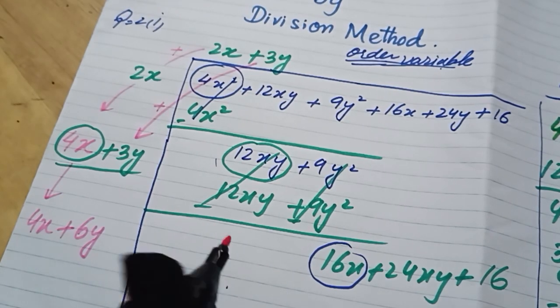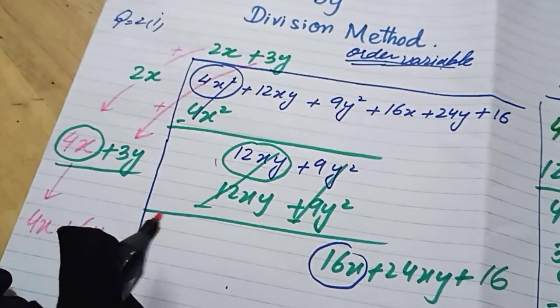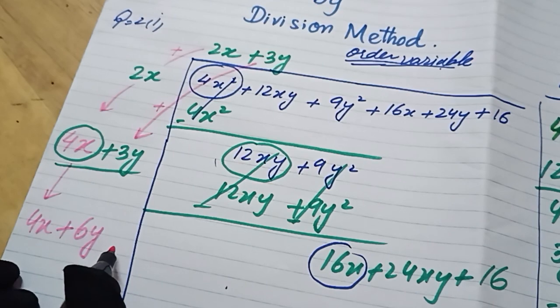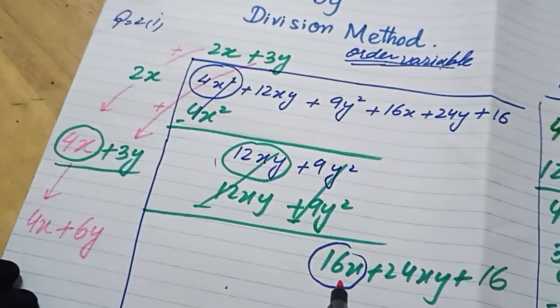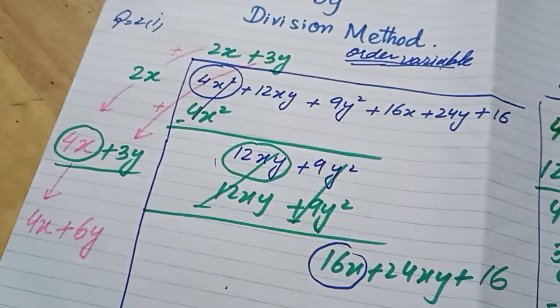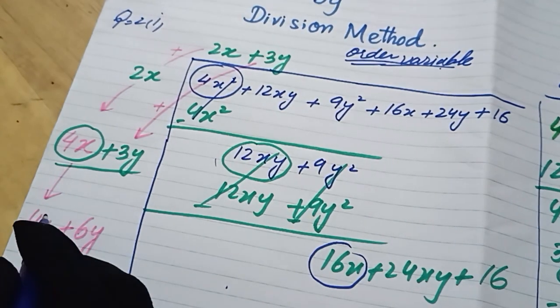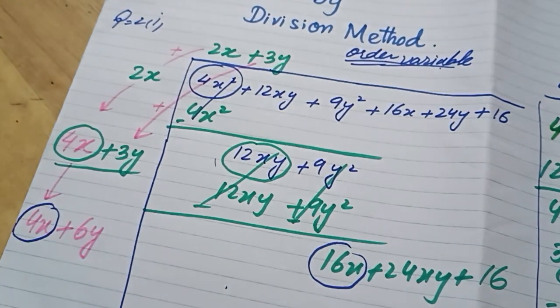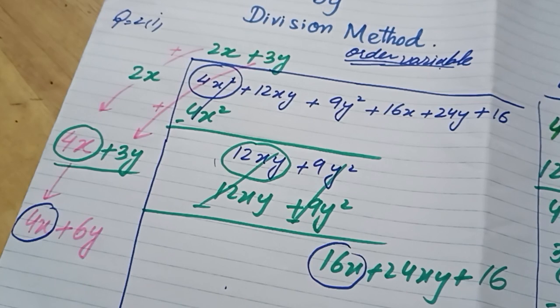Now after adding this, you will think about the third term. You will obtain the third term by dividing the first term by the first term. I think that when you are doing it for the first time it is a little tricky, but when you have done enough practice of this, you will like this method and love to do it.